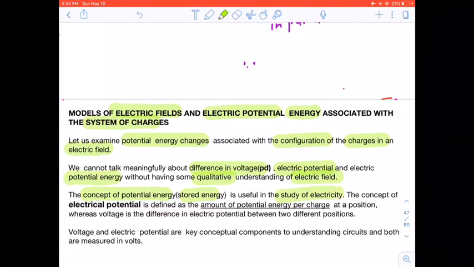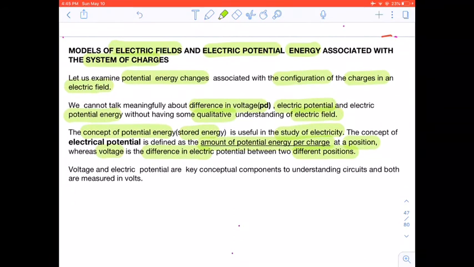Electric potential is defined as the amount of energy per charge at a particular position, whereas voltage is the difference in electrical potential at different positions. Right. So voltage and electric potential are key conceptual components in understanding circuits, and both are measured in volts.